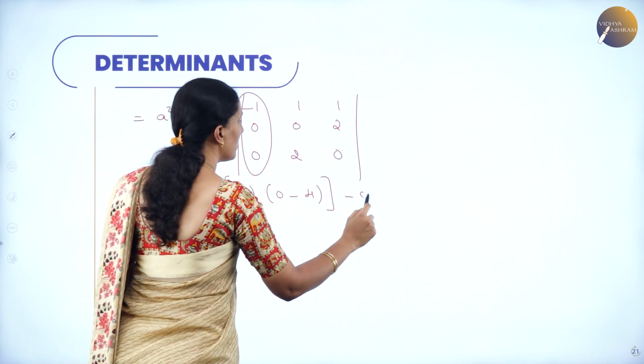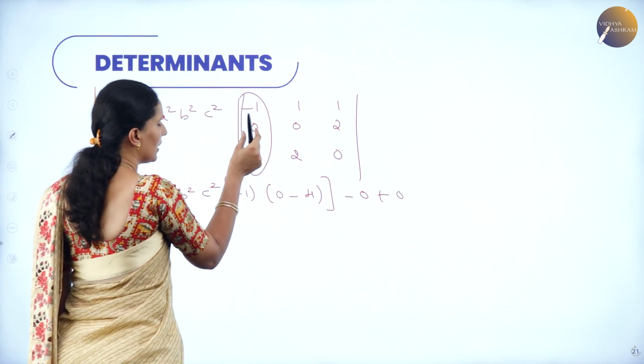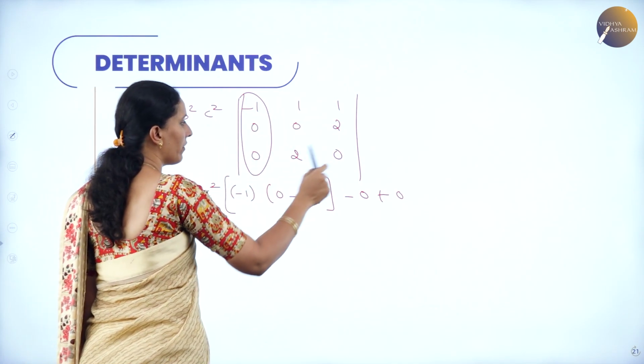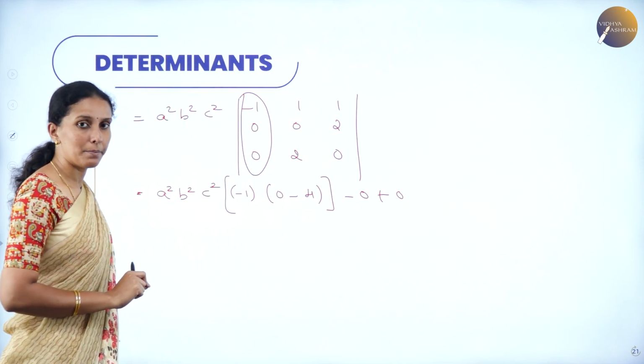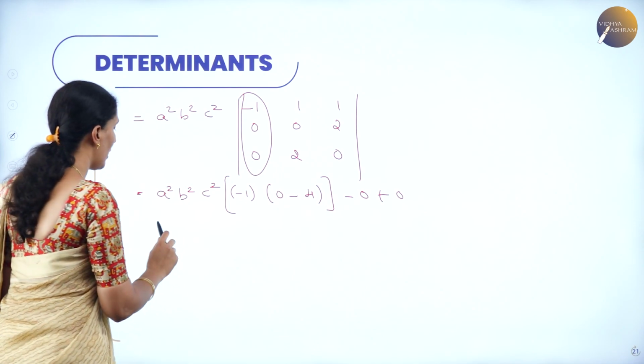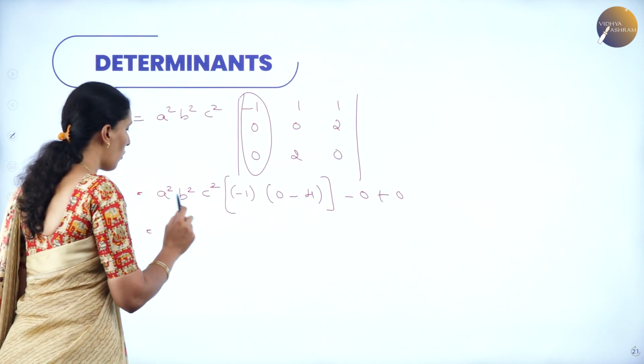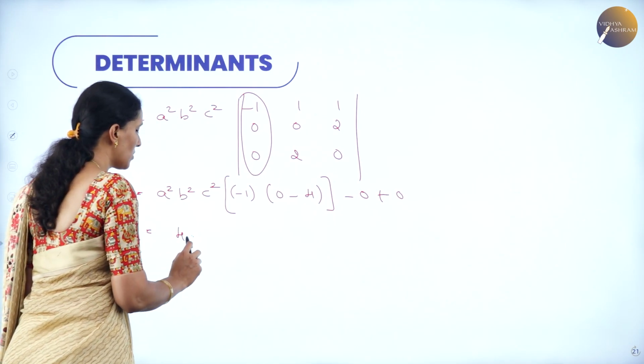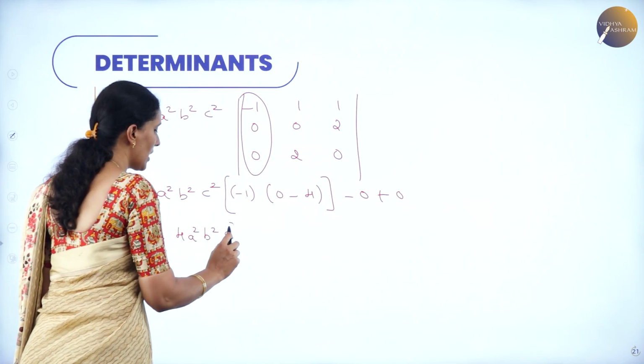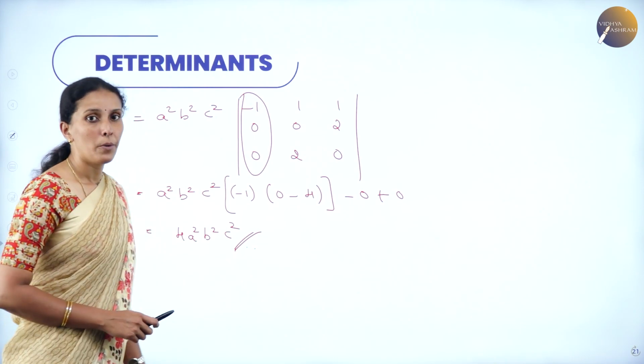And the remaining are 0 plus 0 because the factor itself is 0. So when you find the value of the determinant, it will become completely 0 there. So therefore here minus 1 into minus 4 becomes plus 4. 4 into A square B square C square becomes 4A square B square C square, and hence we have proved.